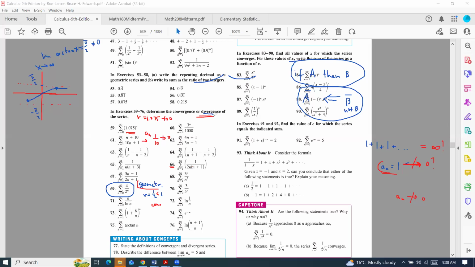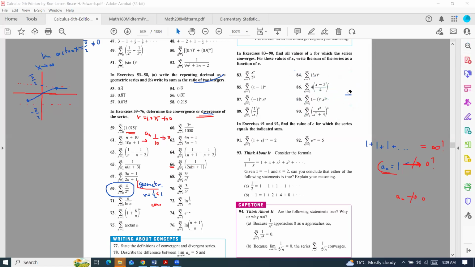It may be a little bit too much. Maybe I'll just do another exercise from the previous group of problems, maybe exercise 83, because that's something that we will discuss later in the chapter, the so-called radius of convergence.